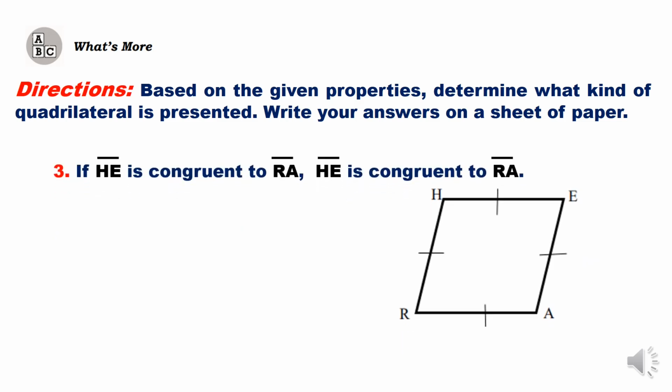If line segment HE is congruent to line segment RA, quadrilateral HERA is a blank.